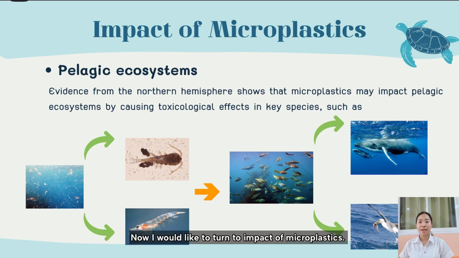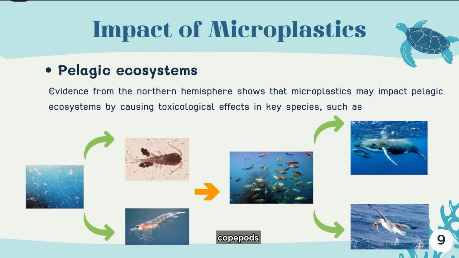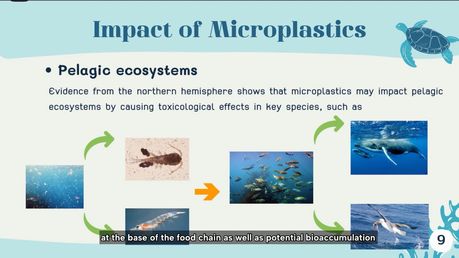Now, I would like to turn to impact of microplastics. Evidence from the northern hemisphere shows that microplastics may impact pelagic ecosystems by causing toxicological effects in key species such as copepods and euphausiids at the base of the food chain, as well as potential bioaccumulation and biomagnification through the food chain.